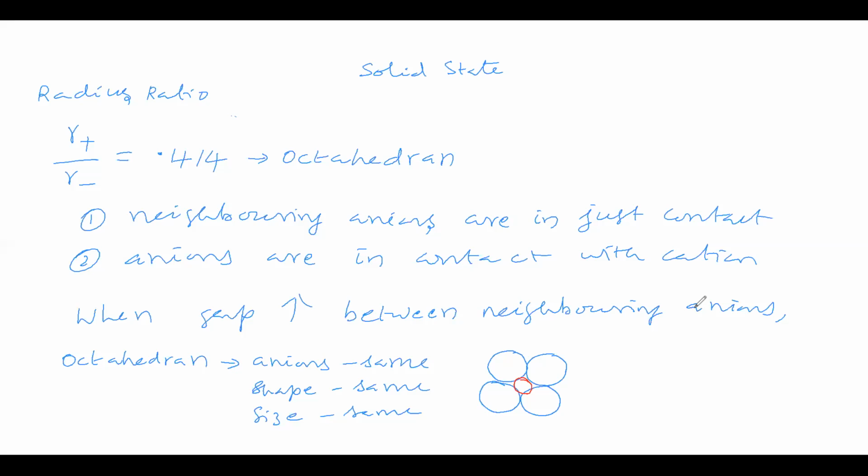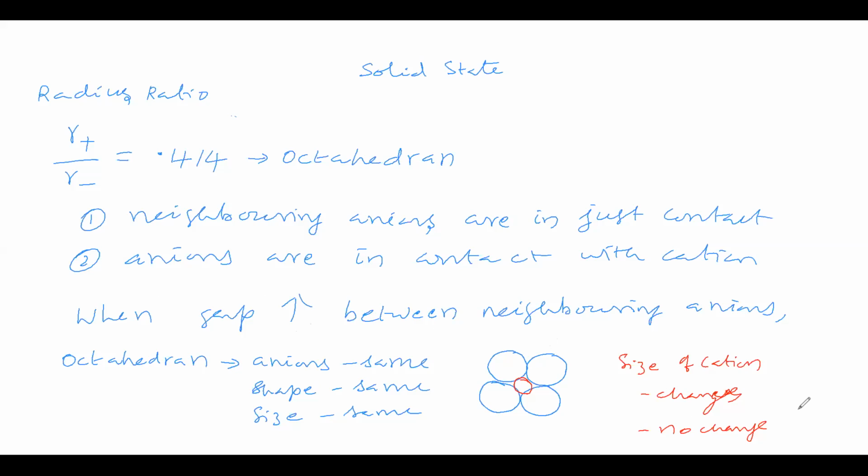That means what should happen to the size of the cation? Should the size of the cation change, or remain the same, while the gap between neighboring anions increases? With respect to the cation, what do you say?